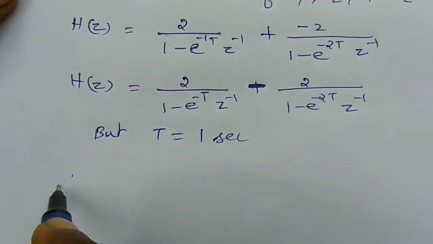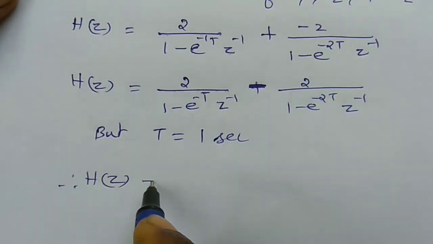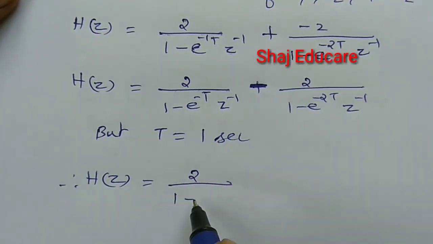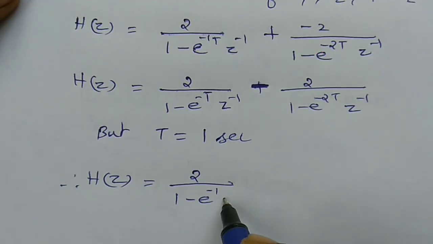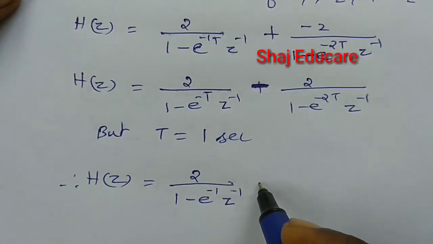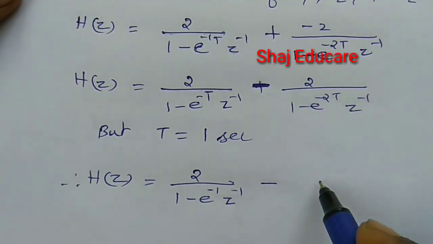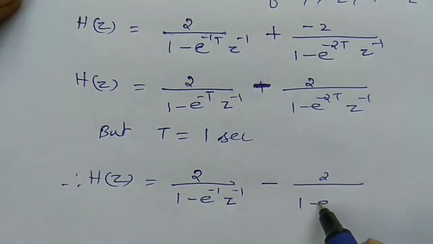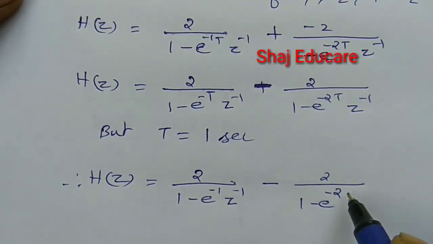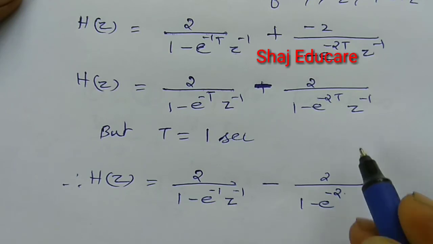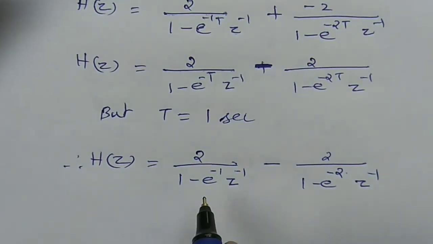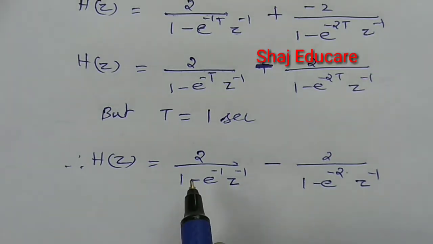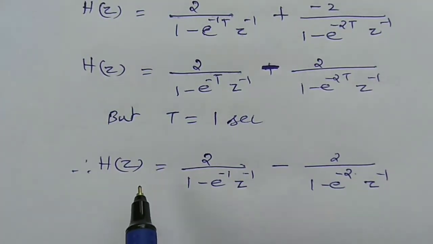Then we will get h of z is equal to 2 divided by 1 minus e raised to minus 1 into z raised to minus 1, minus 2 divided by 1 minus e raised to minus 2 into z raised to minus 1, with t equal to 1 here also. So this will be the equivalent transfer function of the digital filter.